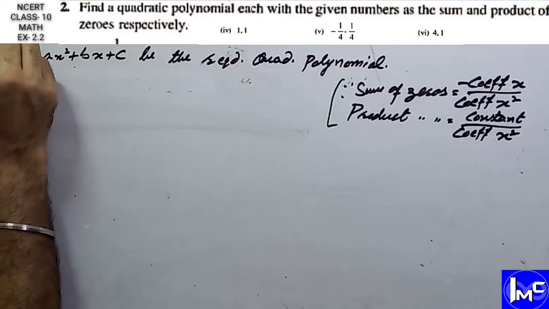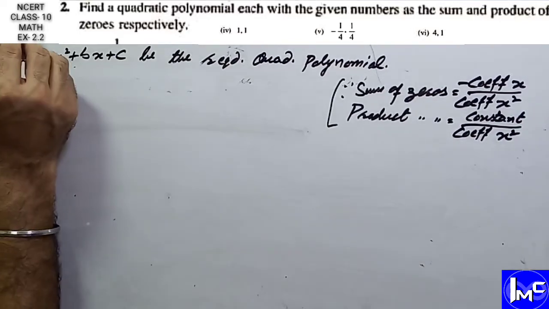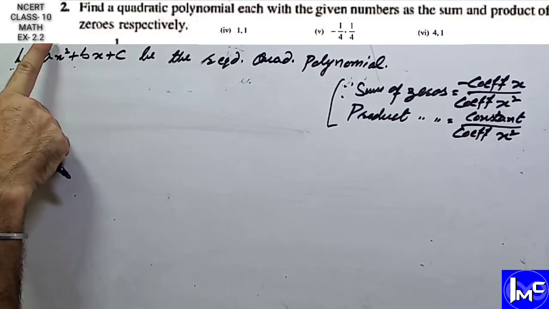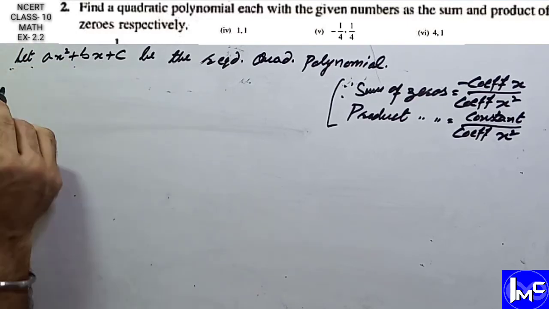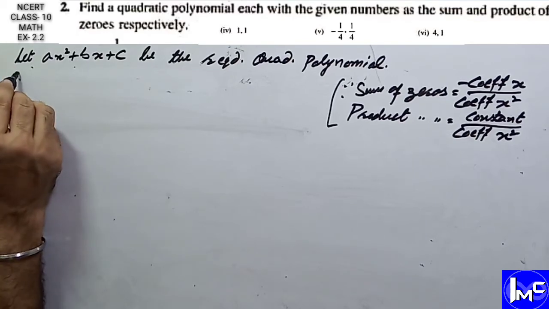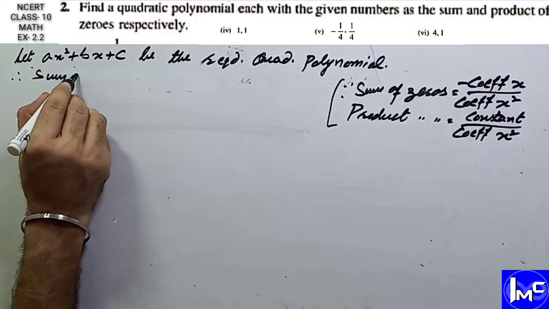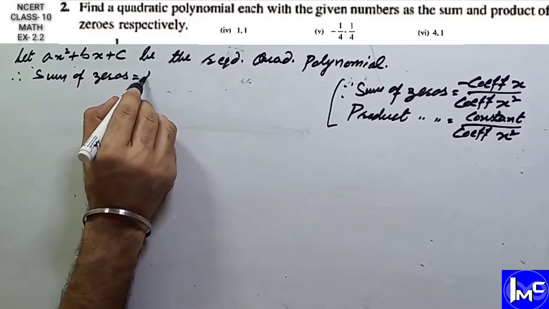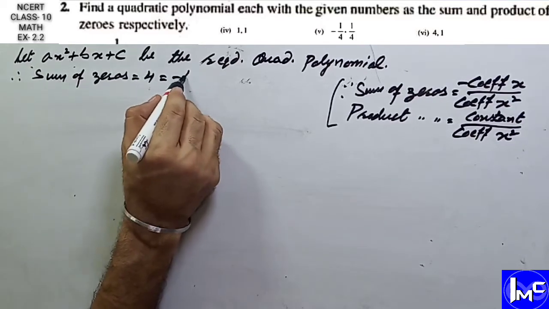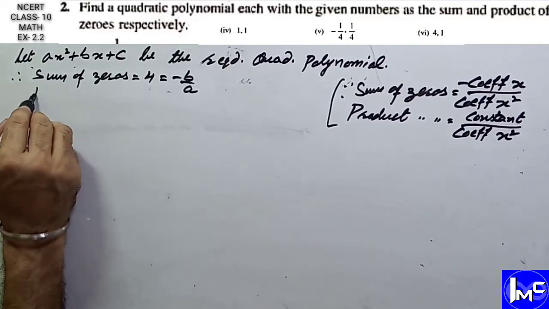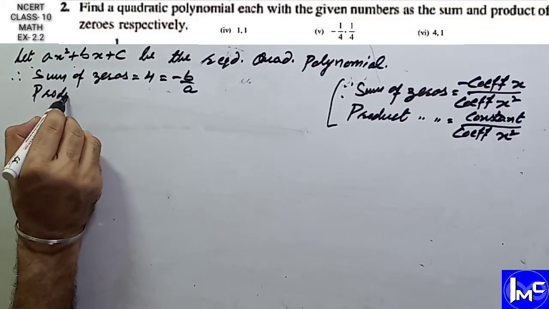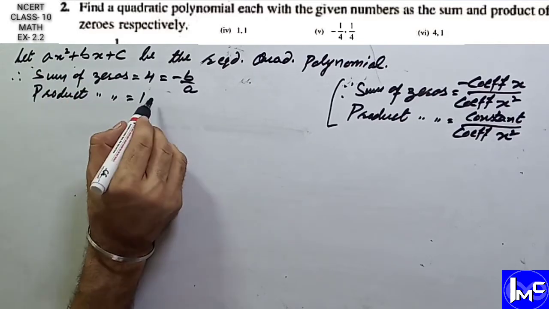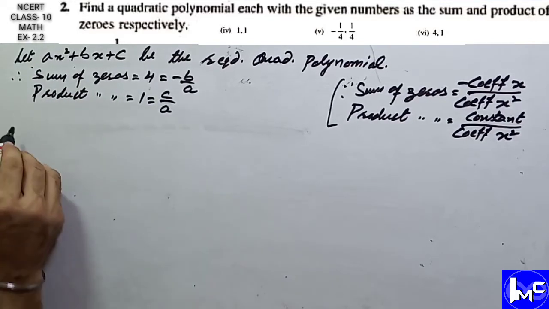Last question is question number 6, that is 4 and 1. 4 is sum of roots, 1 is product of roots. Therefore, sum of zeros is 4, that is minus b over a, and product of zeros is equal to 1, that is c over a.